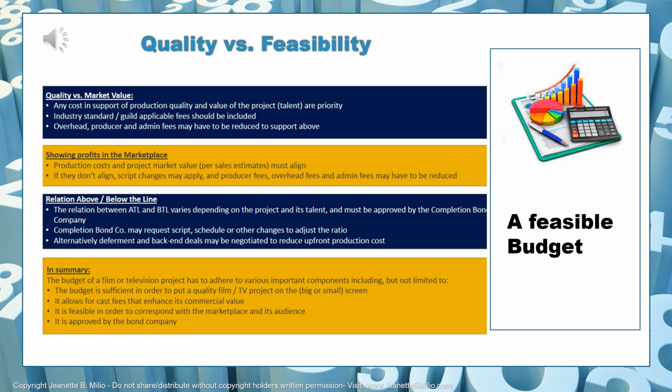So there you might have to face the fact that talent fees might be higher than they could theoretically be, even higher than your below the line. So those are important things to think about and be very careful with when you start cutting those or replacing talent because you can't afford it.